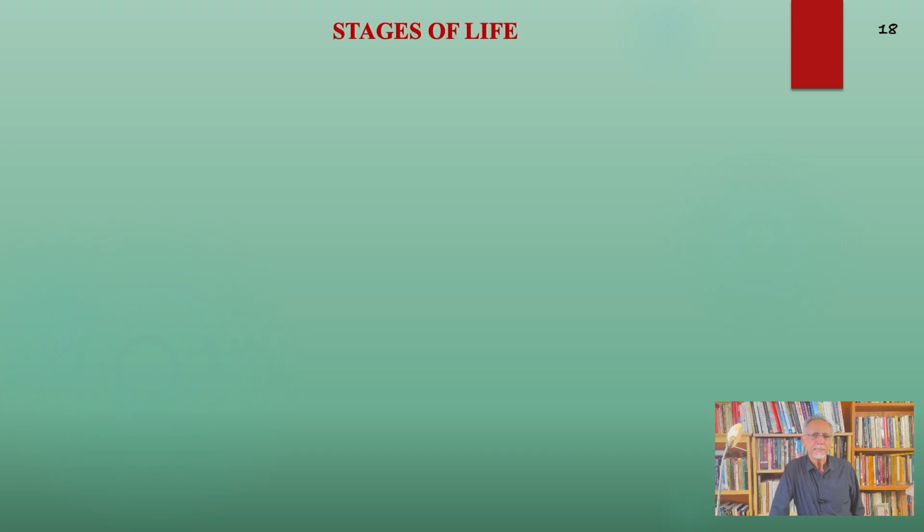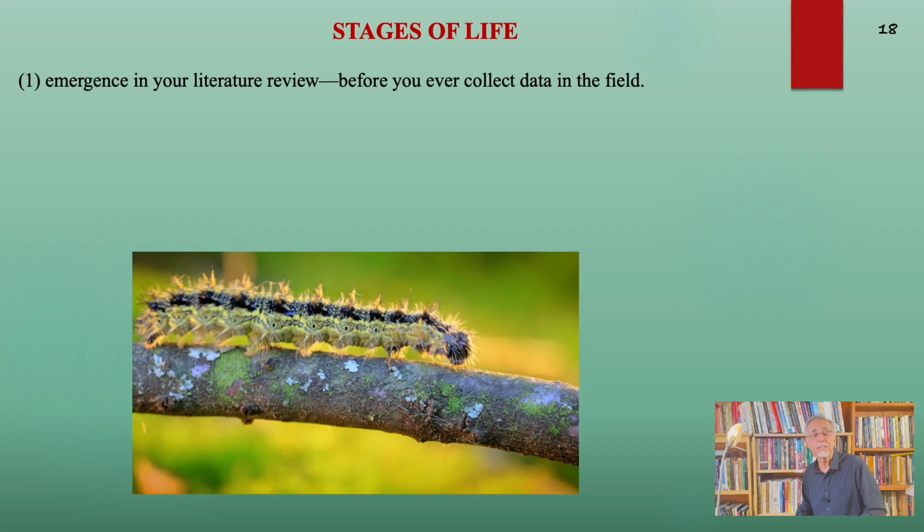All right, let's now review the research approach that relies on a well-developed theory or theories presented through a theoretical framework, and where the final manuscript is argument-driven. In this section, we'll see how a theoretical framework moves through various stages of life. It begins with its emergence in your literature review before you collect data in the field.